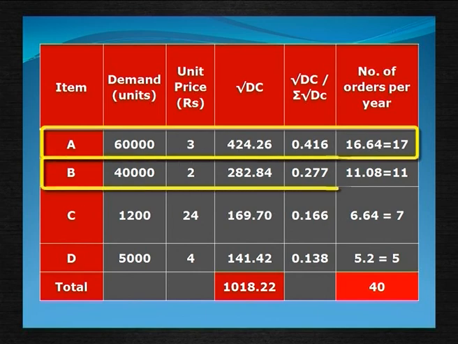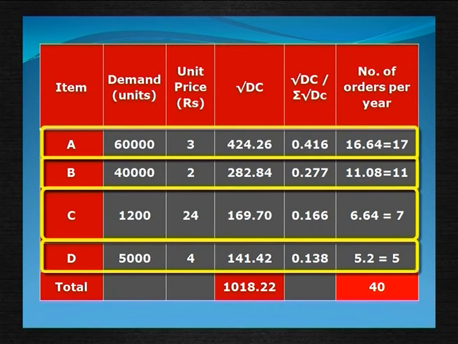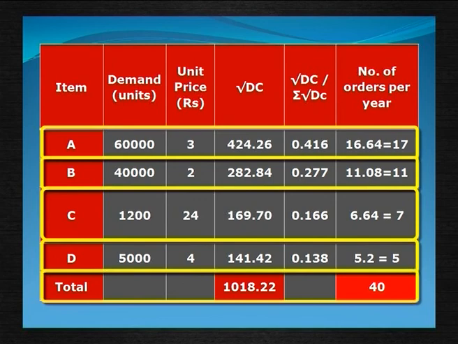For item B, we will get a figure of 11.08, approximately 11 units. For item C, it is approximately 6.64, giving around 7 units, and item D is equal to 5.52, which is around 5 units, and the total of the units will be equal to 40 units.